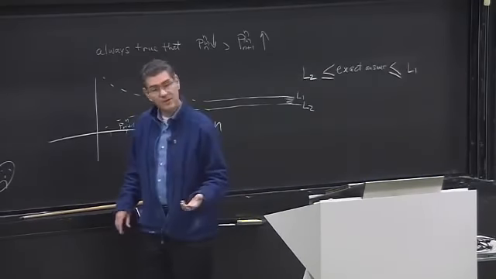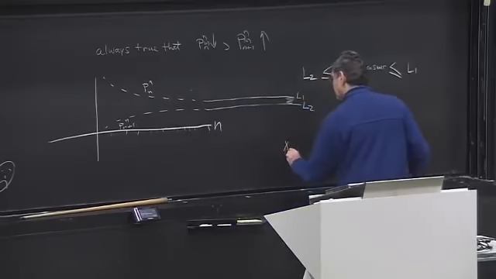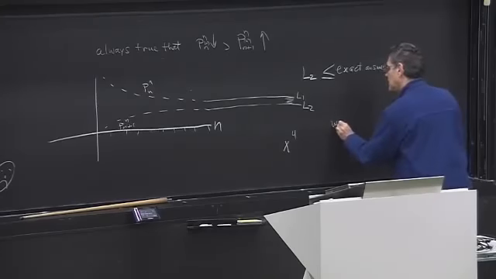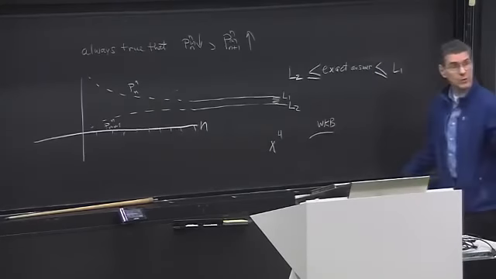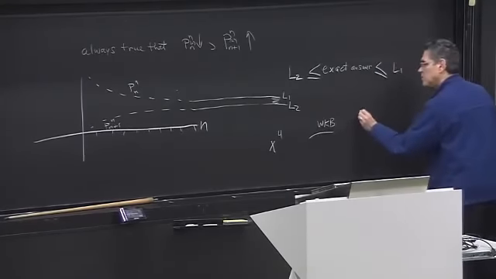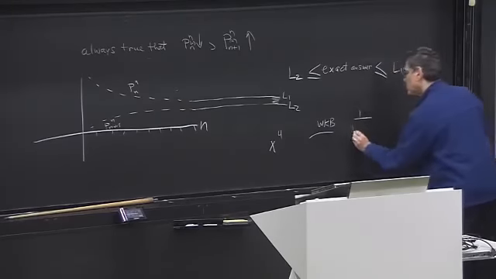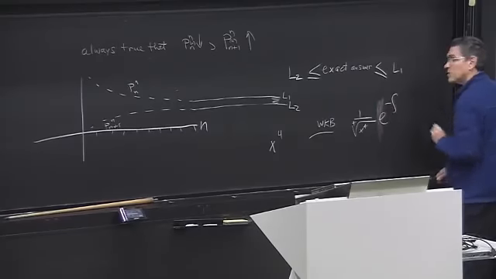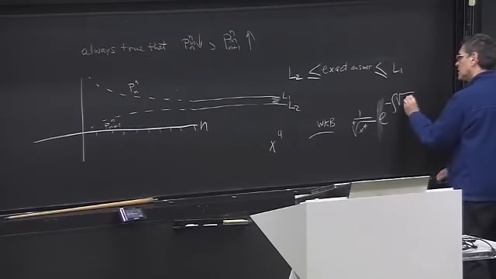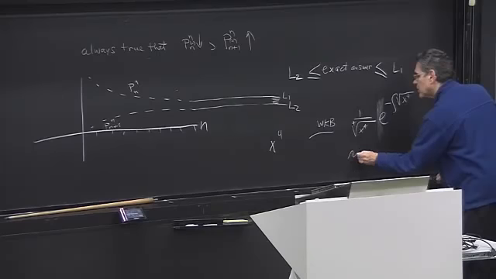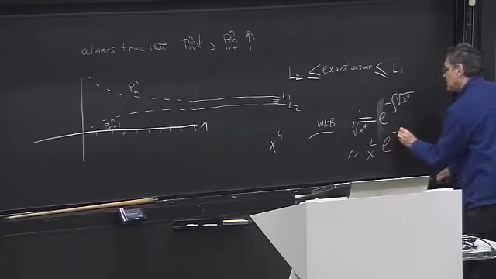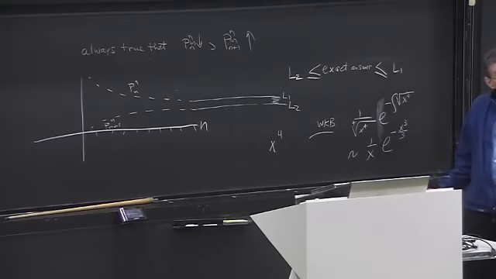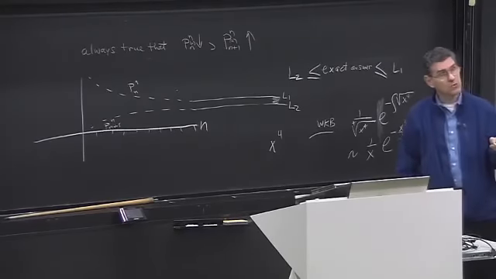We know from WKB theory that for an x to the 4 potential, for large x, WKB says, remember we did this in class, asymptotically it would go like 1 over the 4th root of x to the 4th times the exponential of the integral of the square root of x to the 4th. So this goes like 1 over x times e to the minus x cubed over 3. So it's not a Gaussian, and it's hard to make an estimate like what you're talking about.